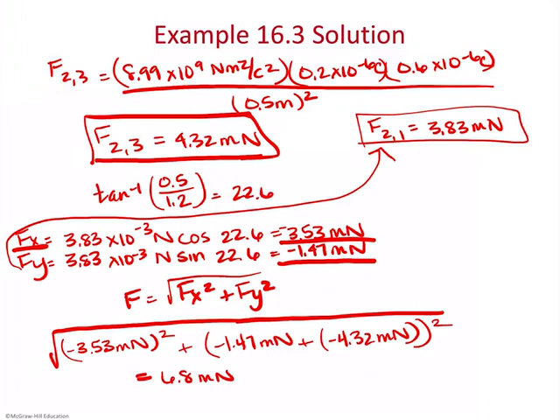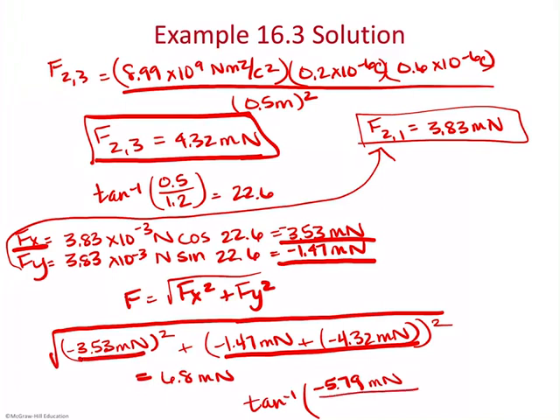Okay? And if you would take the inverse tangent of your y values, which is this added together, so basically negative 5.79 millinewtons, divided by your x value, which is negative 3.53, you should get that it's 58.6 degrees south of east.